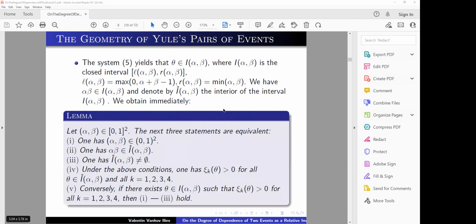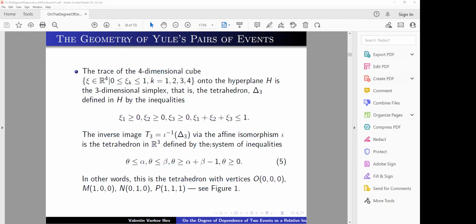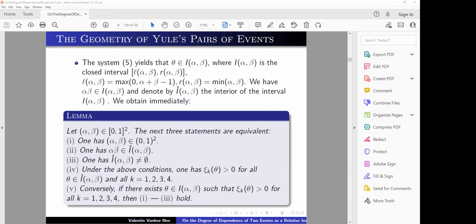And this system, system 5, yields the following: theta belongs to this closed interval I_alpha_beta, where I_alpha_beta has endpoints L_alpha_beta and R_alpha_beta, and here are those endpoints: L is the maximum of 0 and alpha plus beta minus 1, and R is the minimum of alpha and beta.